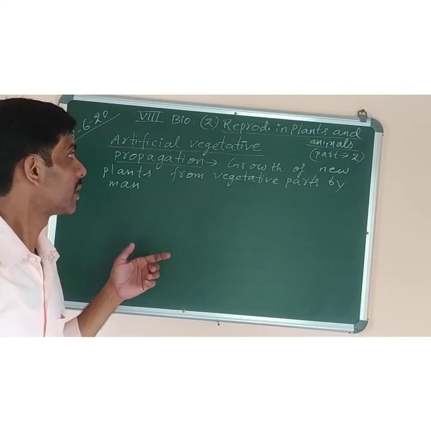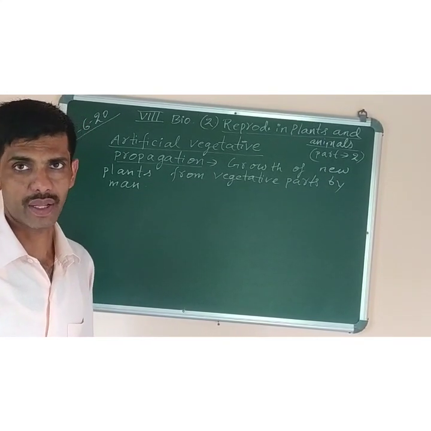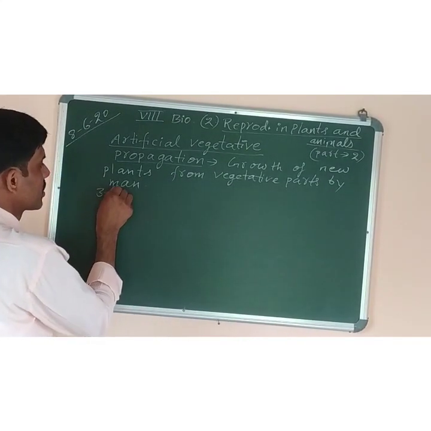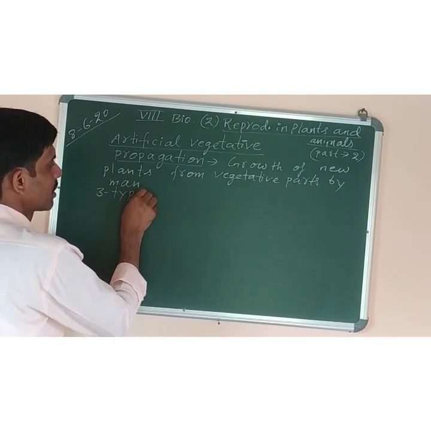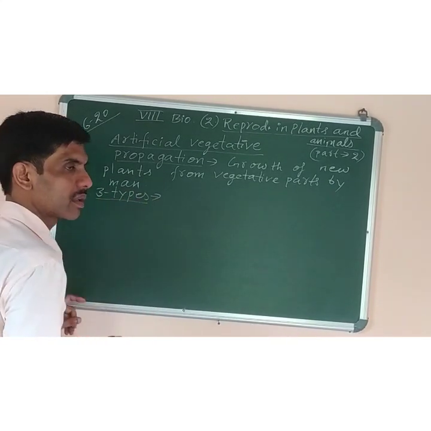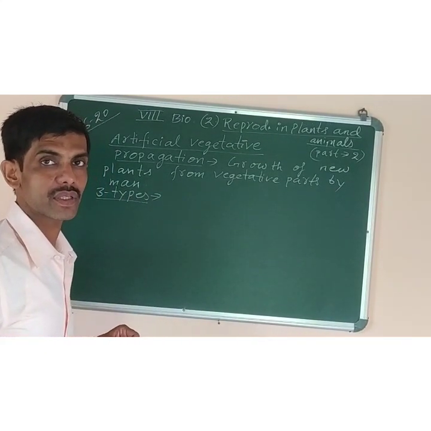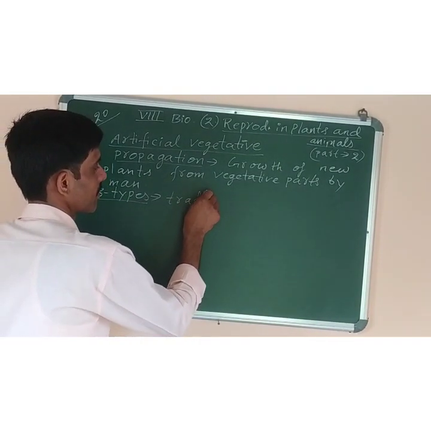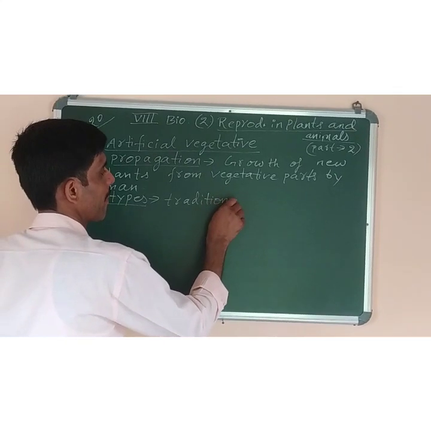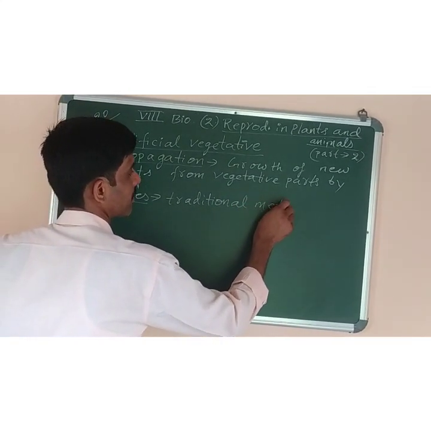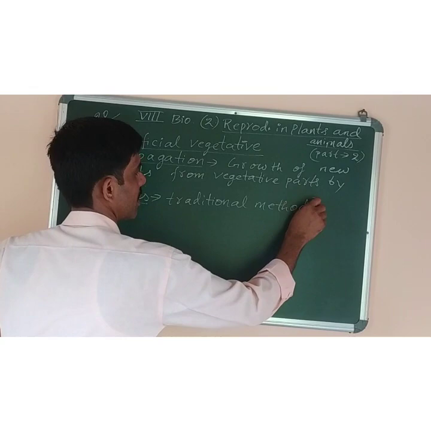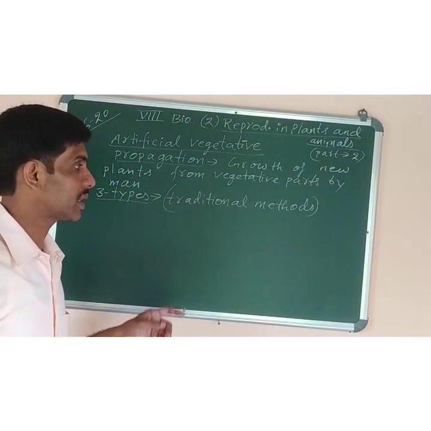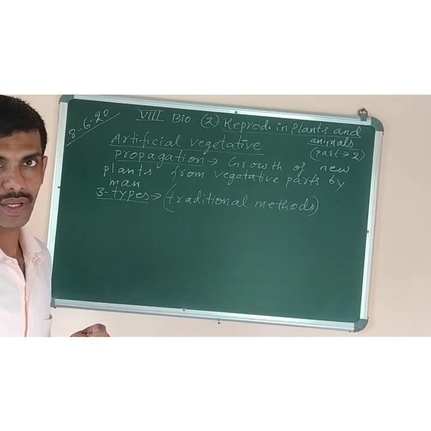Now what are the different types of artificial vegetative propagation? There are three types. They are called conventional. Conventional means the traditional method, the old methods of artificial vegetative propagation, which have been used till now.